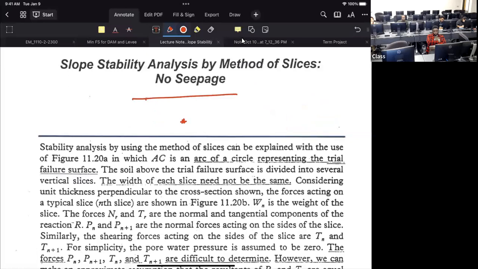So this is our ground line, and we're just looking at the point P, right? Within the point P, if we have a distributed pressure, earth pressure, how will the earth pressure look? How to calculate that earth pressure? What is the earth pressure, by the way?